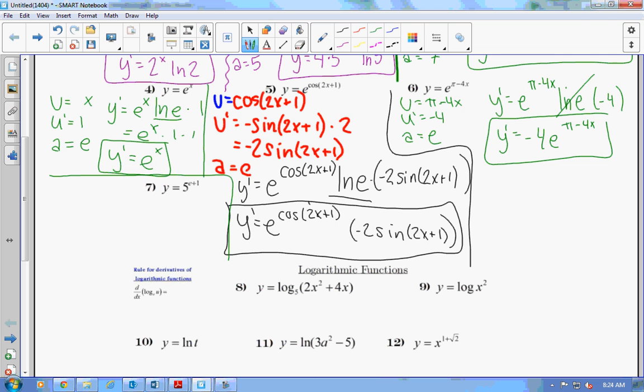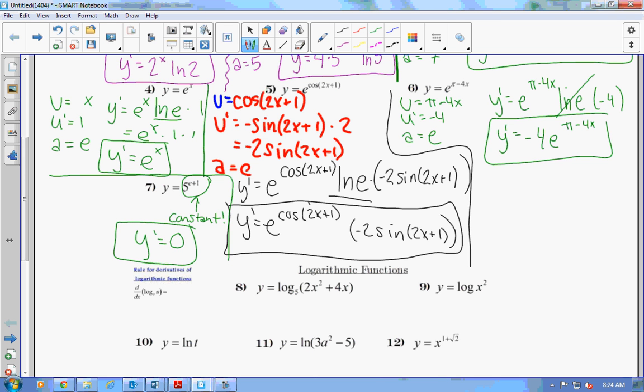Is x in the exponent of number 7? No. Is there even an x in number 7? No. So that whole thing is a constant. What's the derivative of a constant? 0. This is a constant. So y prime is 0.